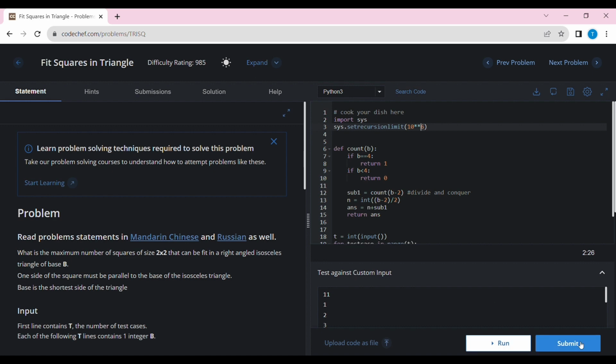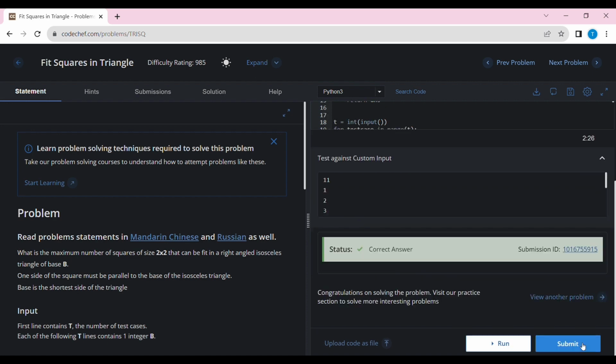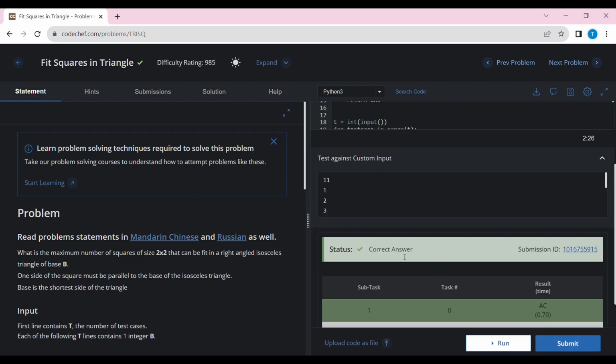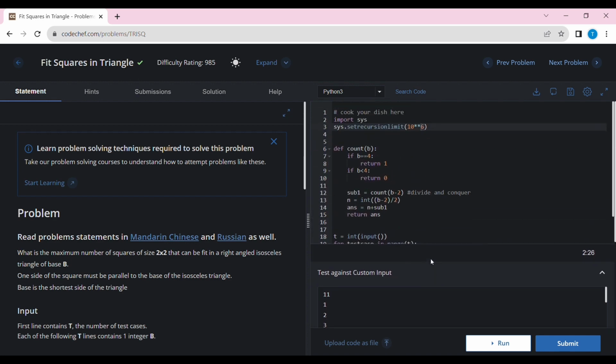And now if I submit it again, the same code just with these two lines added, it should submit. Right. So what you see here is we get the correct answer. So I purposely included that runtime error because I wanted you to know about this tip basically, that sometimes recursion limits are exceeded because there's something called a stack overflow internally, and the way to handle that practically is this.